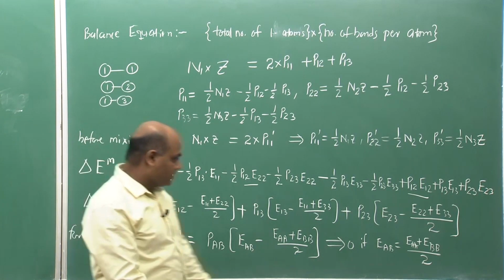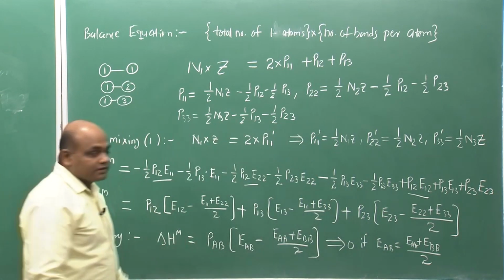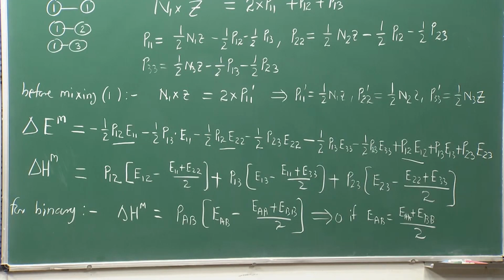If EAB is equal to EAA plus EBB by 2, delta H mixing is 0, and then it is an ideal solution, right.